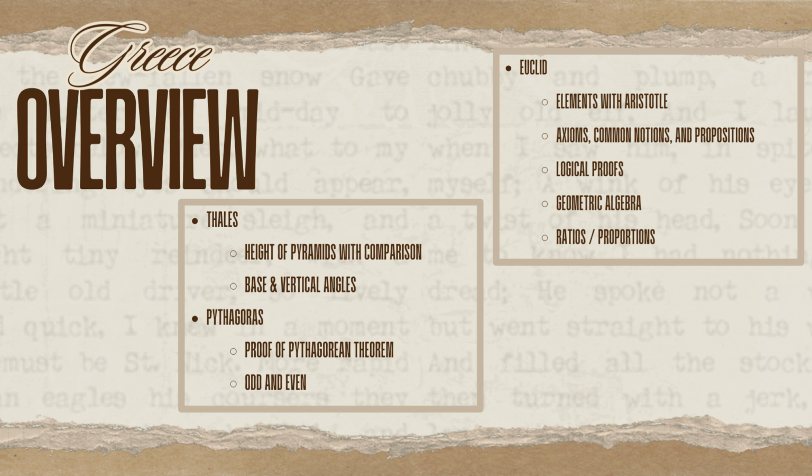And he used logical proofs to prove things were correct and true, like his axioms, his common notions, and his propositions. And then he also came up with the idea of geometric algebra. So, using those geometric figures that we talked about before, volumes and base angles and vertical angles, to do algebra within them. And then, as far as number theory, he also did ratios and proportions and what those looked like.